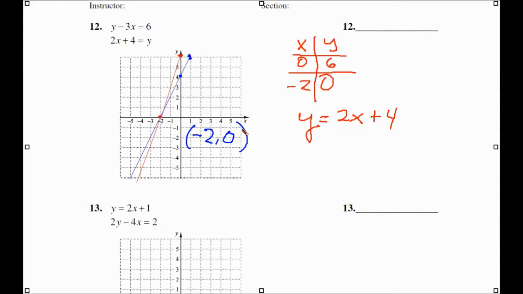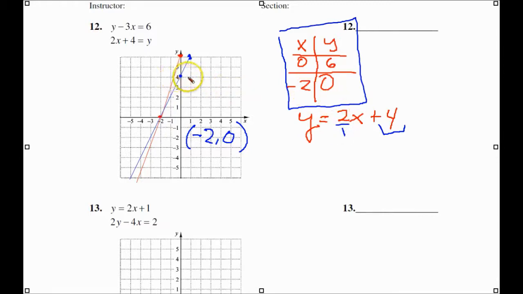Okay, as we look at example 12, again, what you want is a strategy. So there is your x and y intercept t-chart, giving you the red points. And there it's in slope-intercept, where we plot the y-intercept at 4. And then this is 2 over 1.